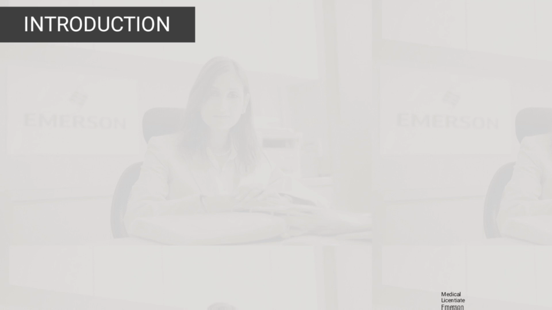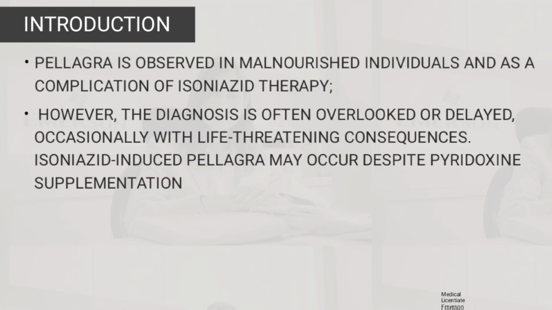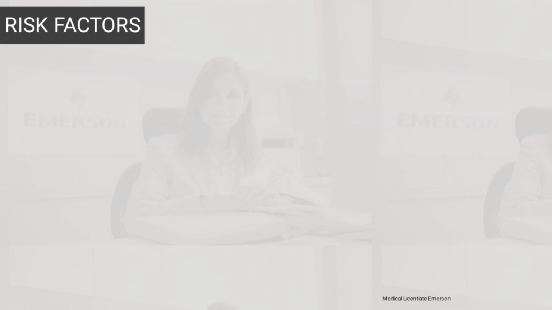Pellagra is observed in malnourished individuals and is a complication of isoniazid therapy. However, the diagnosis is often overlooked or delayed, occasionally with life-threatening consequences. Isoniazid-induced Pellagra may occur despite pyridoxine supplementation.